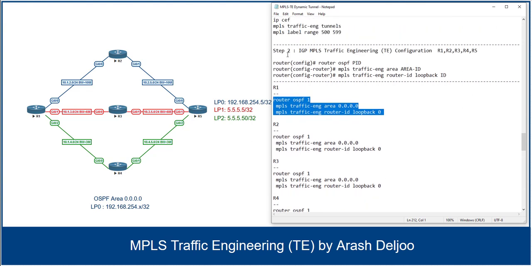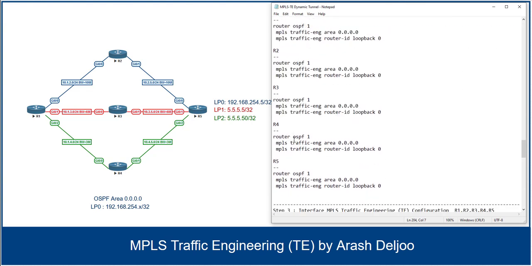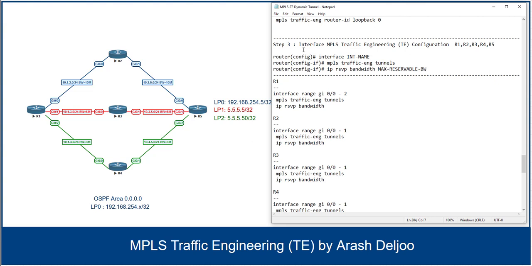Let me go to step 3. Step 2 is done, and step 3 is to configure traffic engineering on all interfaces with these commands: mpls traffic-eng tunnels, and then we need to enable RSVP with ip rsvp bandwidth. In the previous video, we configured maximum reservable bandwidth, but this is optional.